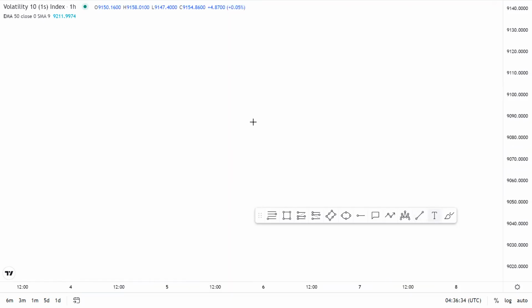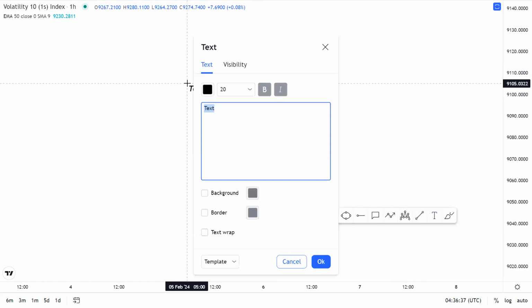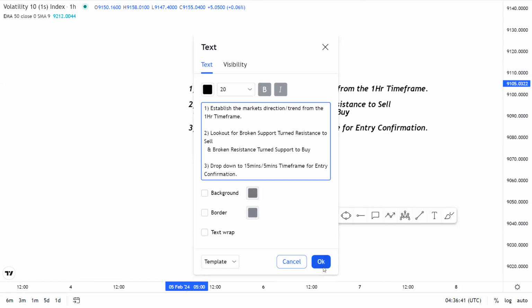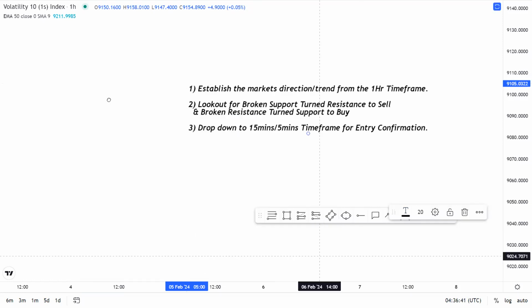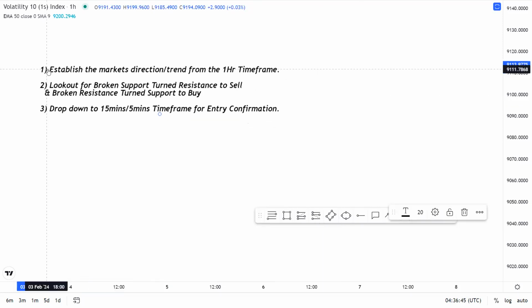Now, the rules of engagement for the strategy are pretty straightforward. Clearly looking at these three rules, firstly, you want to establish the market's direction and trend from the 1 hour time frame.